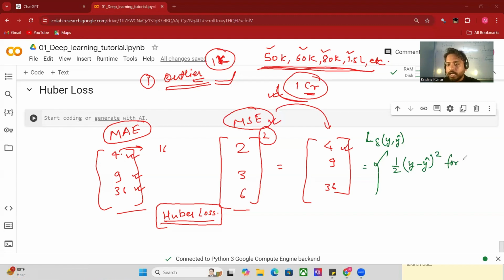It is for those values where the absolute value of y minus y cap is less than or equal to delta. Now, what is delta? I will tell you about it, but this is the first scenario you have to understand. This is the second one: delta times absolute value of (y minus y cap) minus delta by 2.